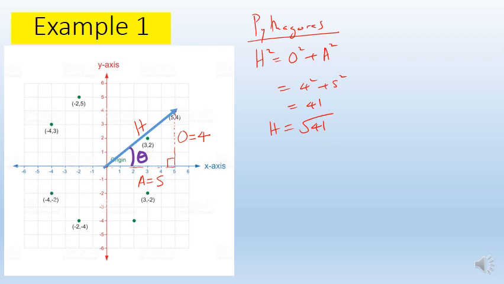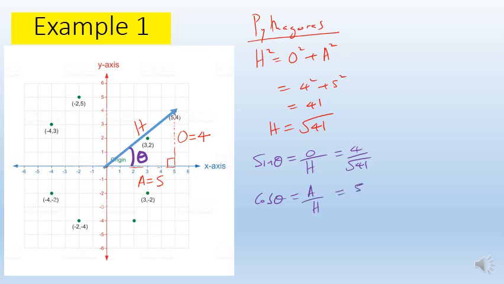Now, the next thing we want to do is write down the various ratios. So, for instance, sine theta is opposite over the hypotenuse. The opposite side was 4, the hypotenuse was root 41. Cos theta, what is that? Adjacent over hypotenuse.